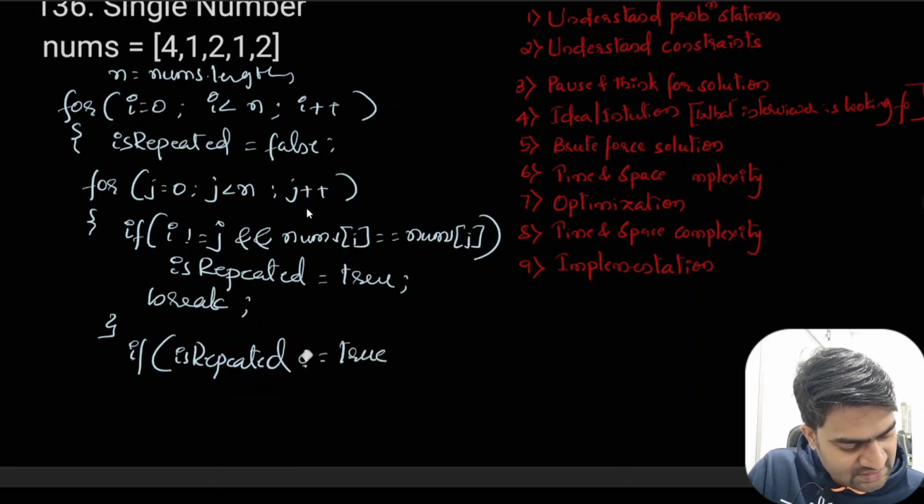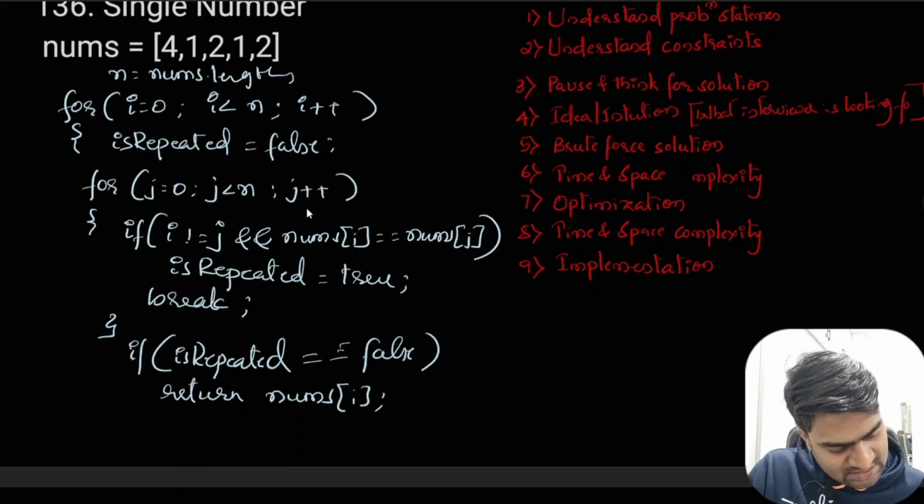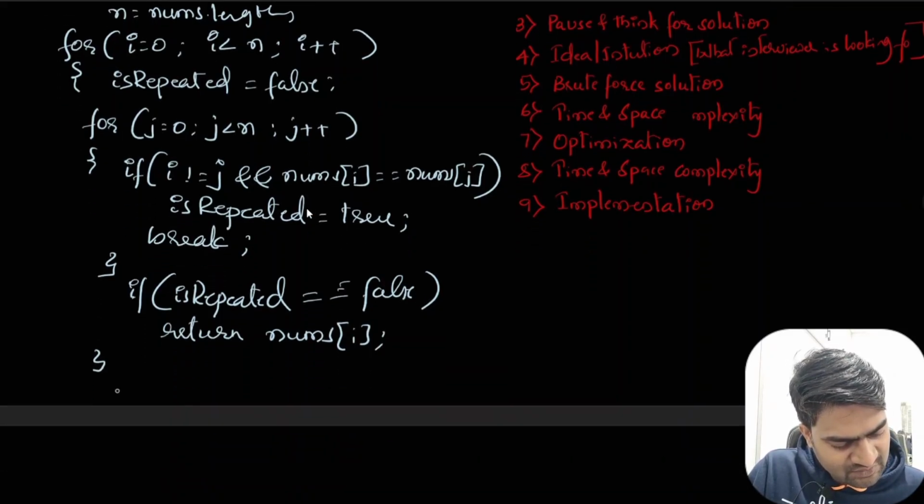So if it is equal to false, then we got the non-repeating number. So I will return nums of i, because I found the number. Now I will close this, and finally at the end maybe we can simply return -1.